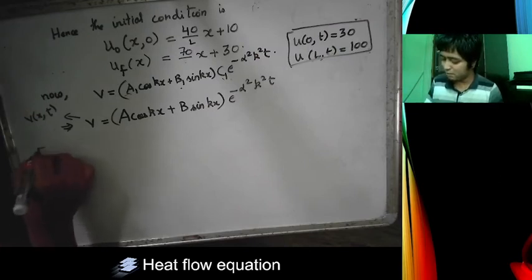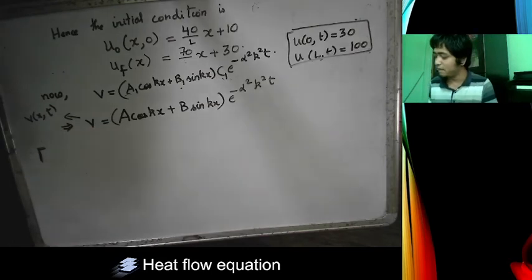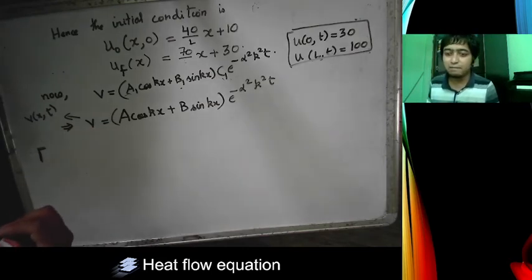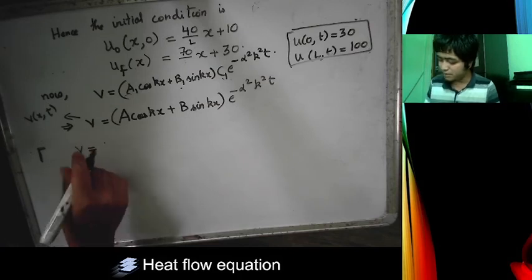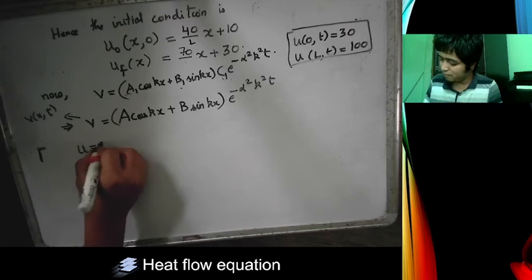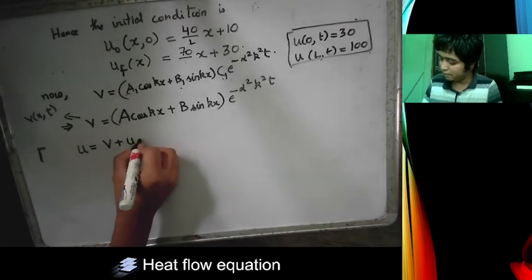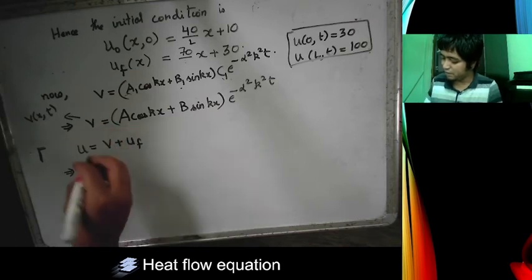This part over here is reserved for finding the boundary conditions for v. But how exactly do we do that? If you remember, we had written u equal v plus uf. So that is exactly how we will find these boundary conditions.